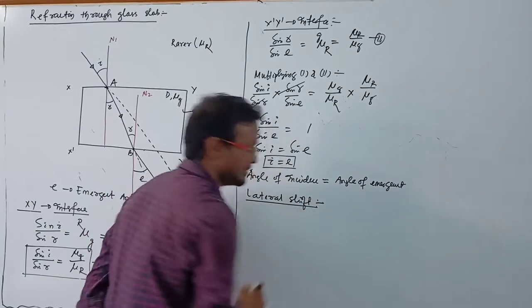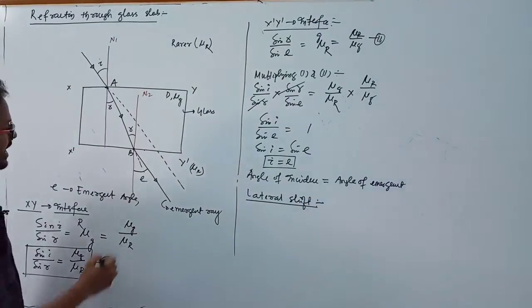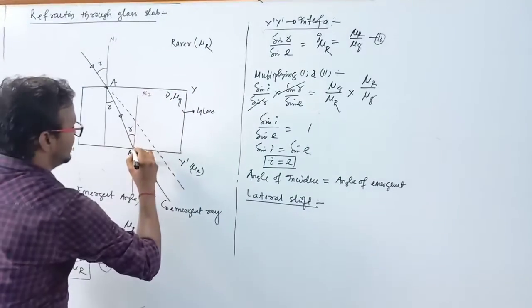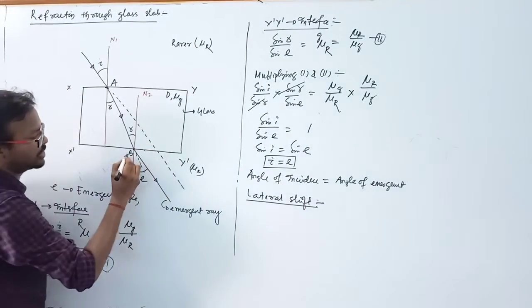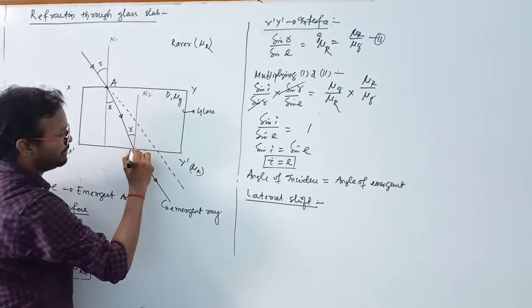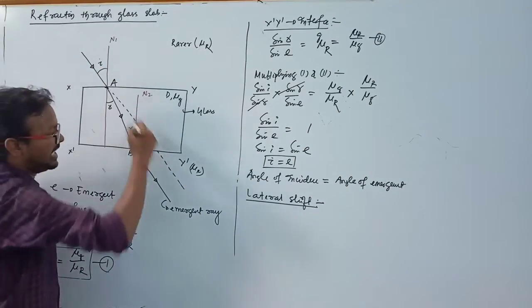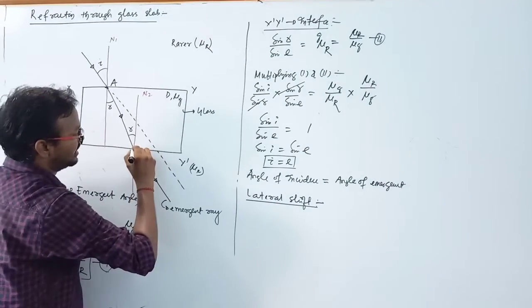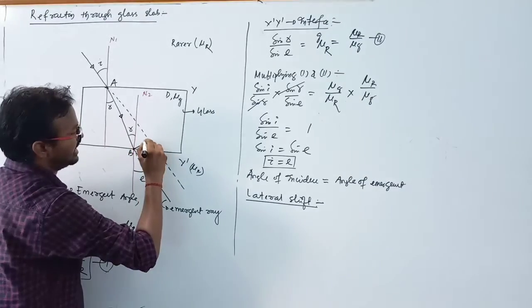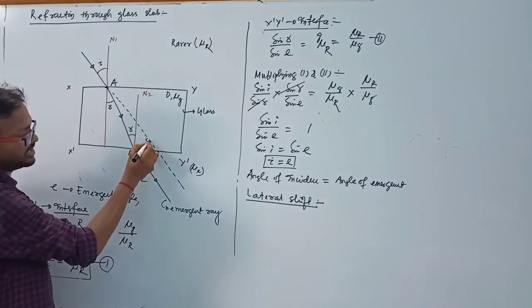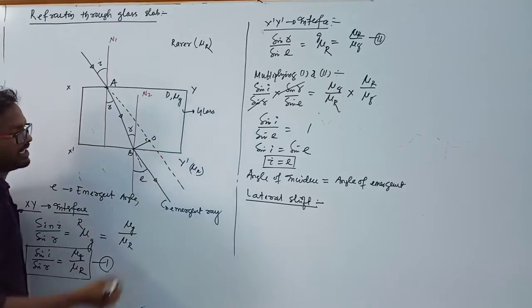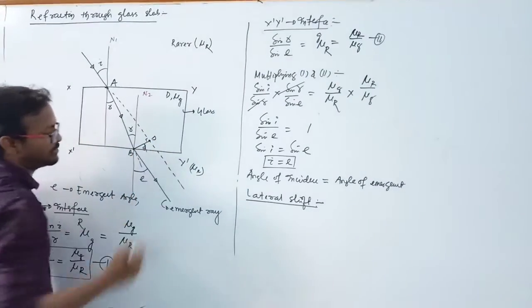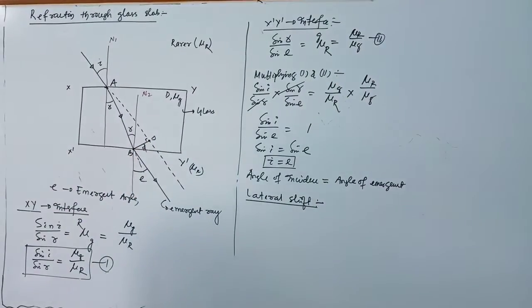Now next we have to discuss what is lateral shift. Actually this distance is known as lateral shift. If you draw a perpendicular from B2 on the line of action of the incident ray, and this angle is 90 degrees, meeting the line of action at point D, this perpendicular distance small d is known as lateral shift.